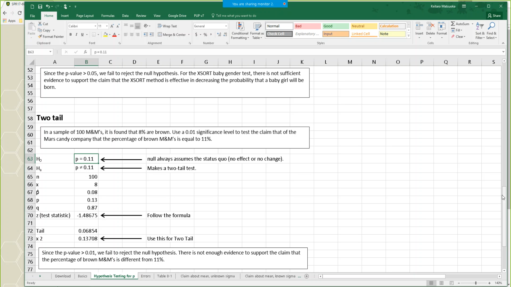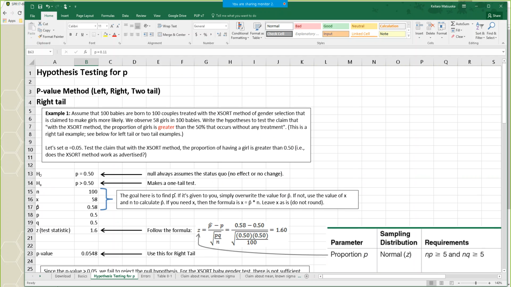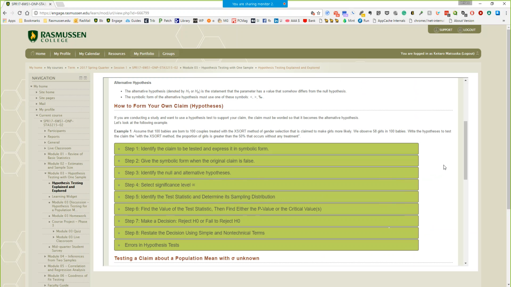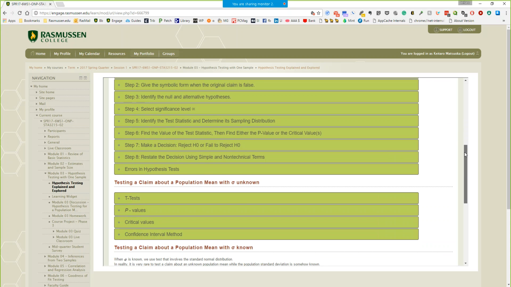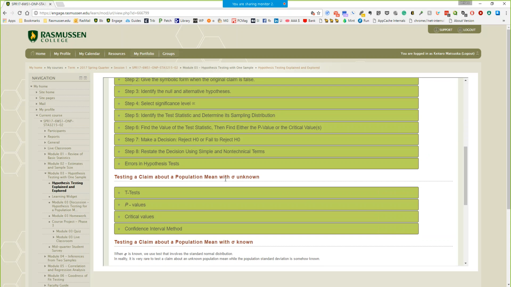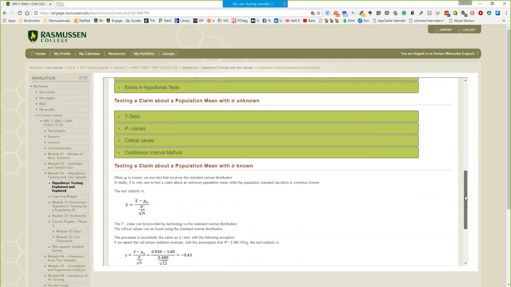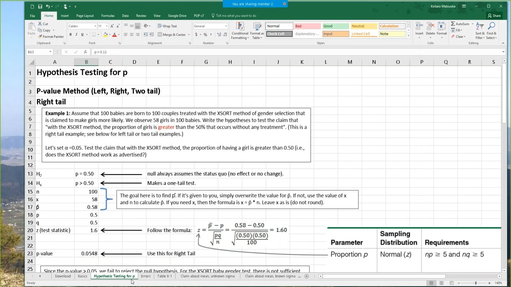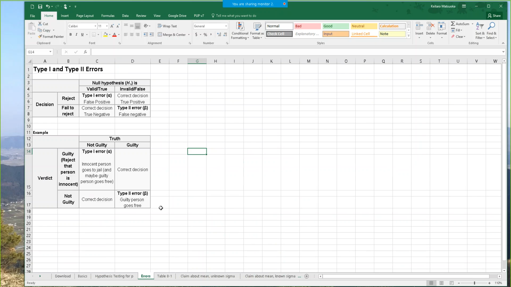Alrighty. So if you read through the lecture notes, you're going to come across what we call the type 1 error and type 2 error, which is described in here.